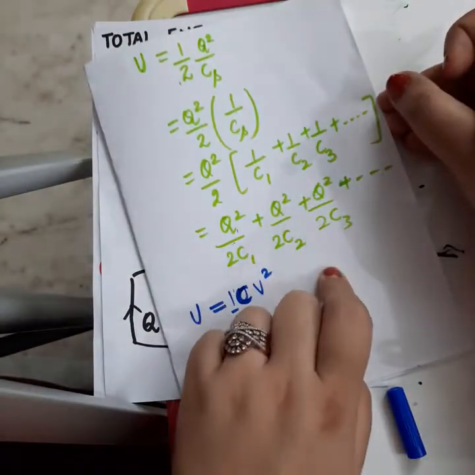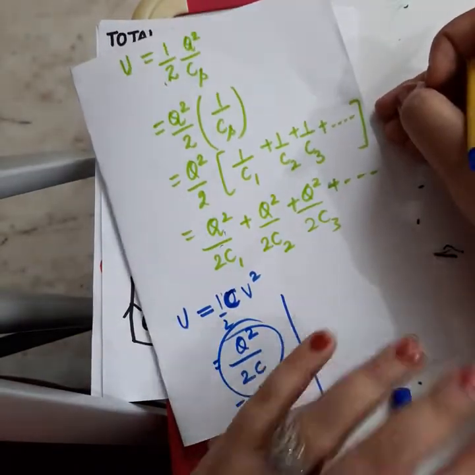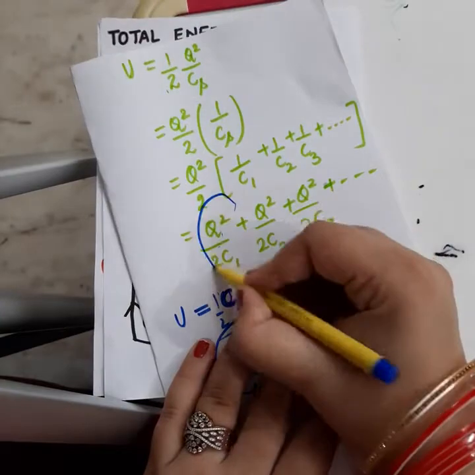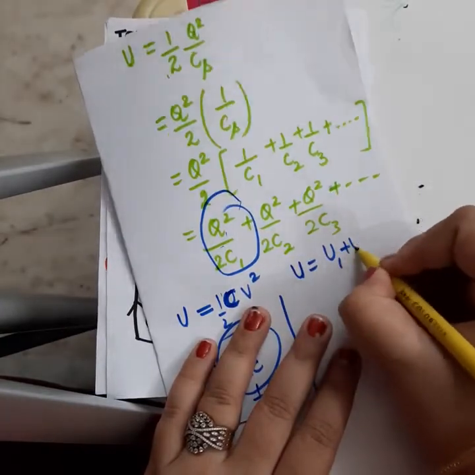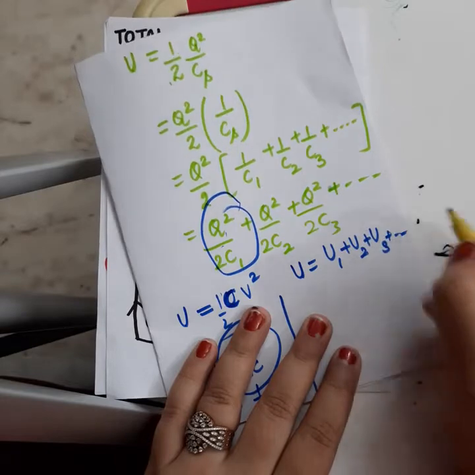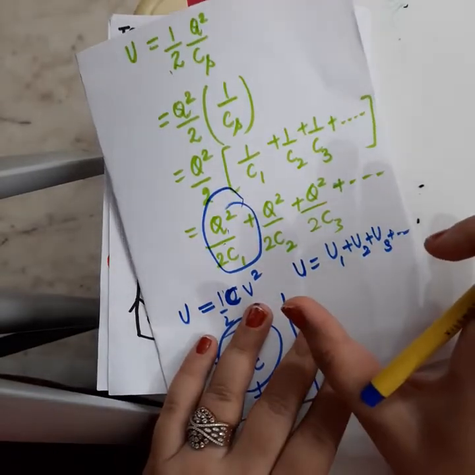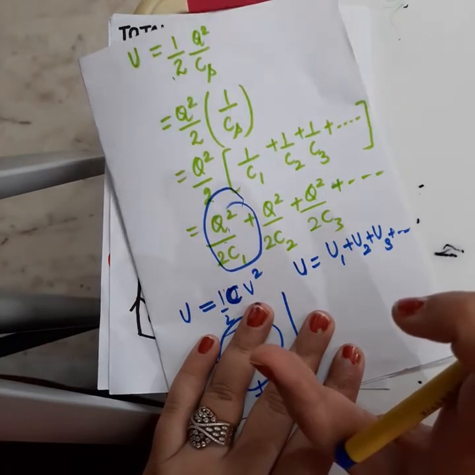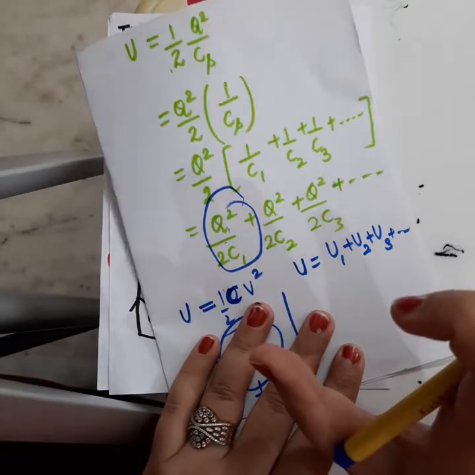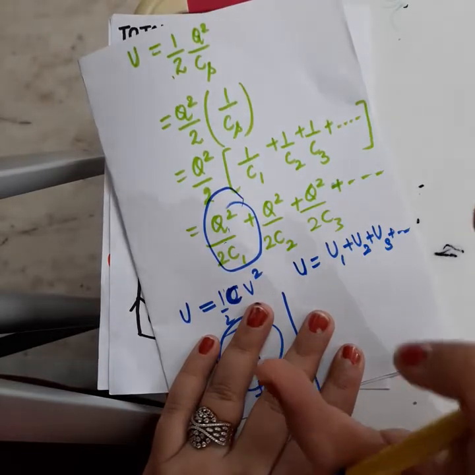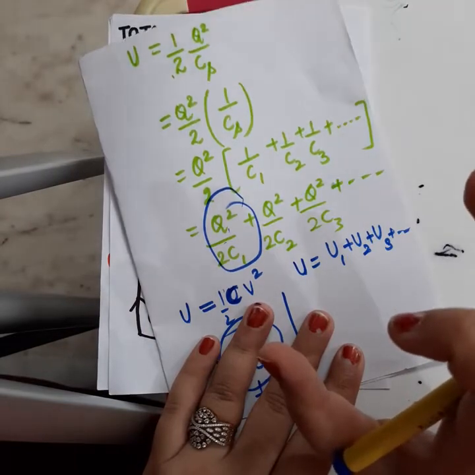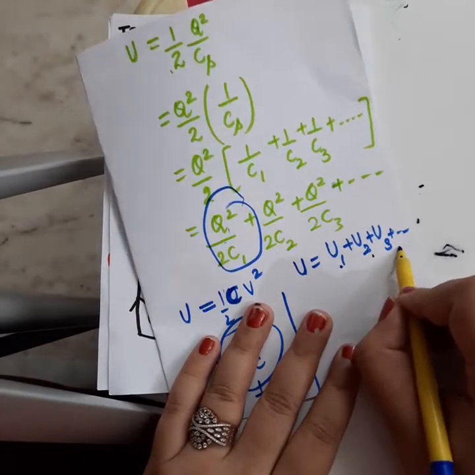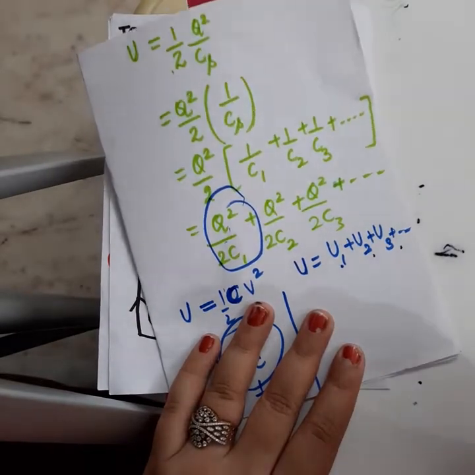And this would be the energy stored in the capacitor C3. So what are we getting? That U is equal to U1 plus U2 plus U3 plus so on. So do you know what you have proven? That in series combination of capacitors, the total energy stored is simply the sum of the energy stored in individual capacitors, as in U1 plus U2 plus U3 plus U4 and so on.